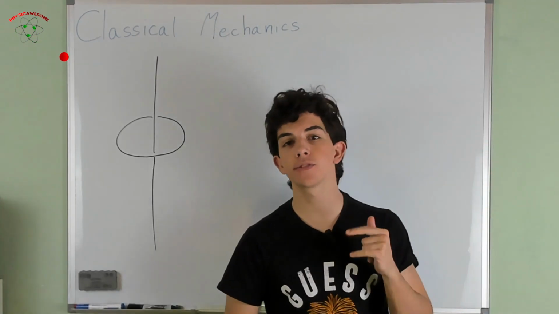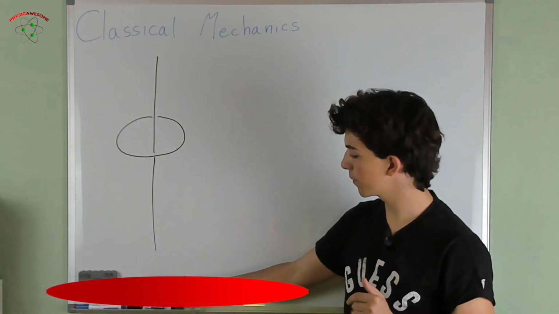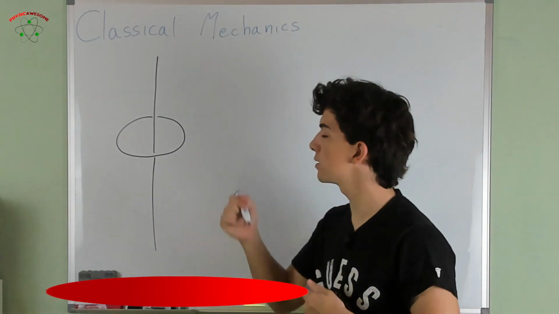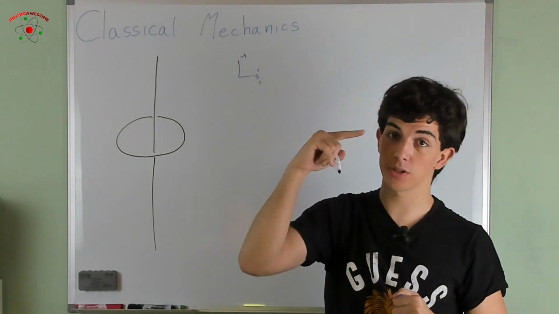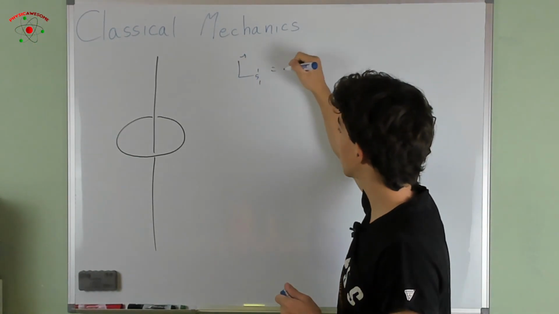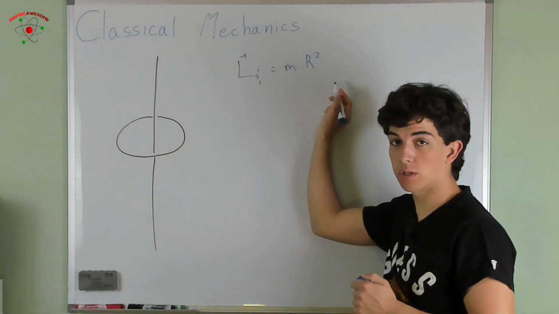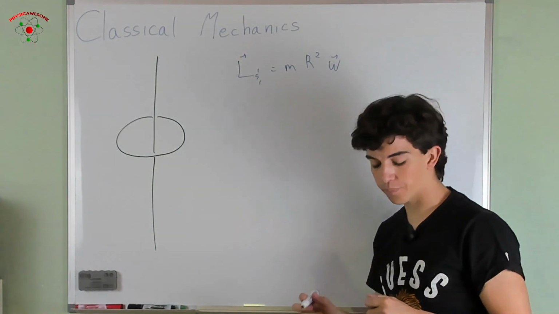Great, now let us consider the angular momentum of a symmetric object. We found in the previous section that for a single mass, the angular momentum around the axis around which it goes around was equal to m r squared, the moment of inertia, times its angular velocity.